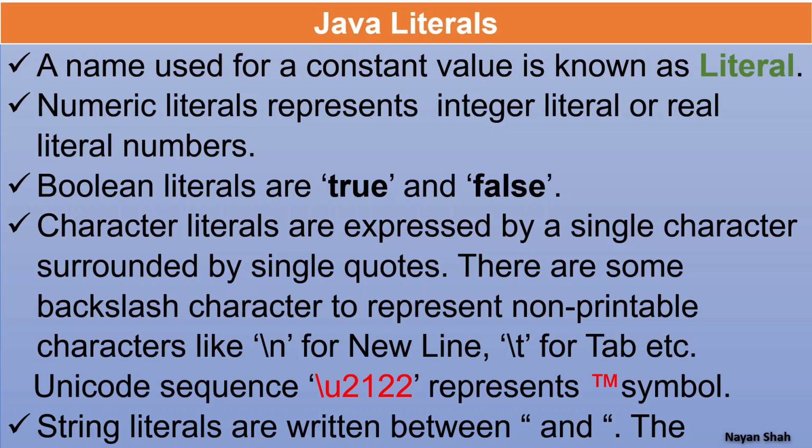We see only the effect of such characters. So if you want to use such characters, there are certain backslash sequences. For example, backslash n is for new line, that is like the enter key. Backslash t is for tab. So even though within inverted comma we have two characters, it actually represents a single character.